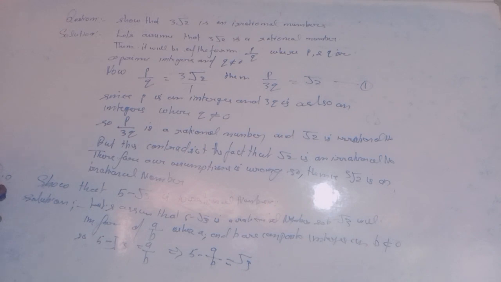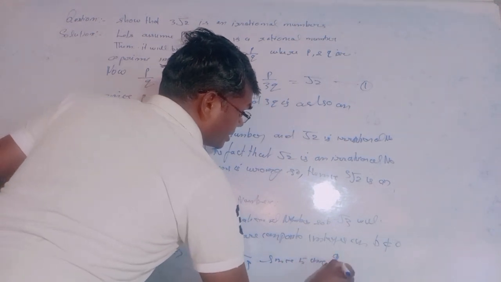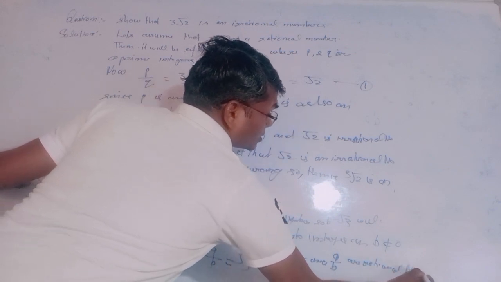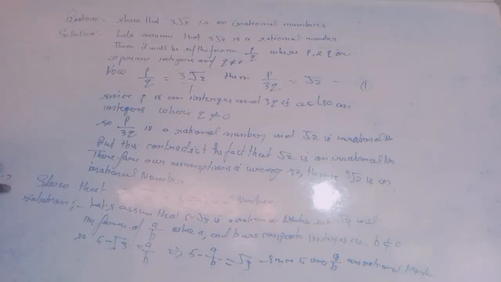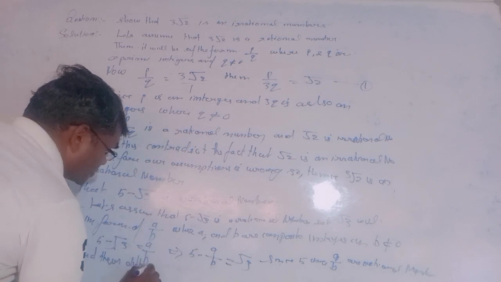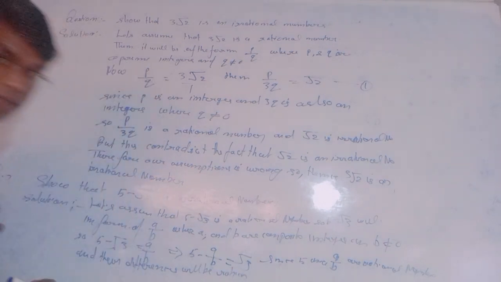Since 5 and a by b are rational numbers, their difference will be rational. Okay, their difference will be rational.